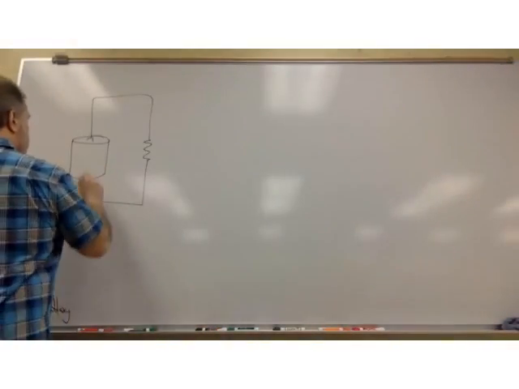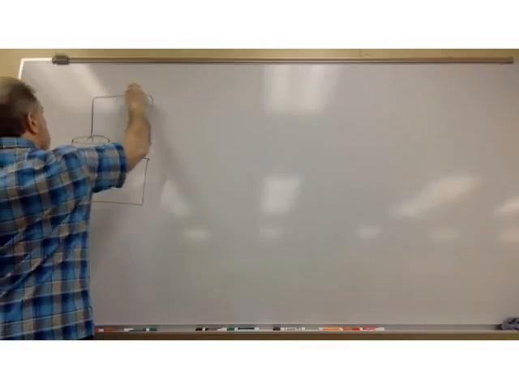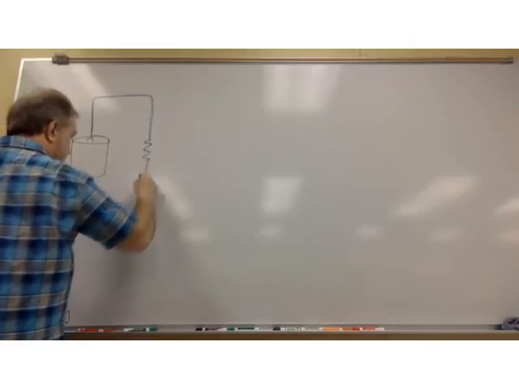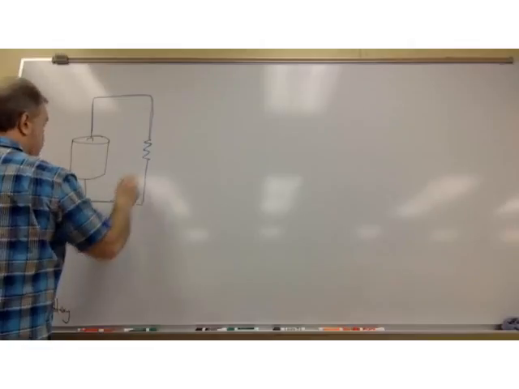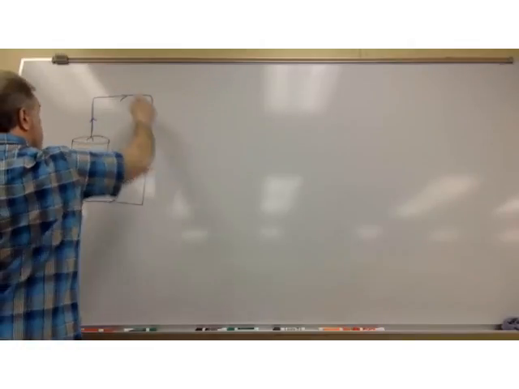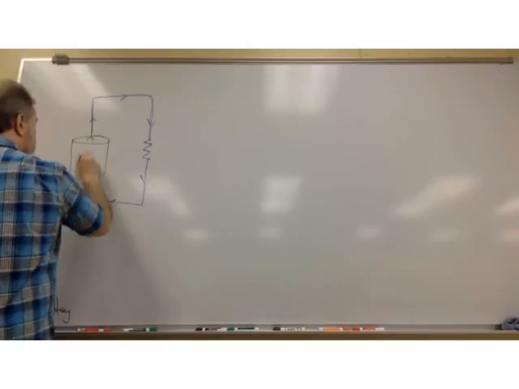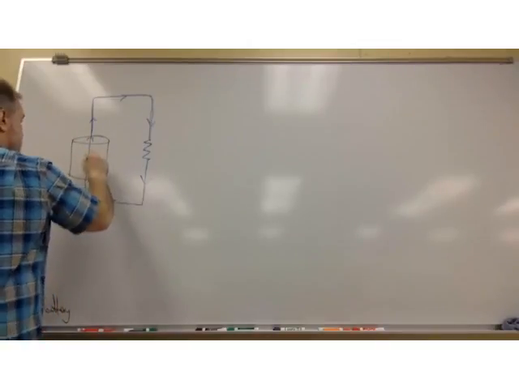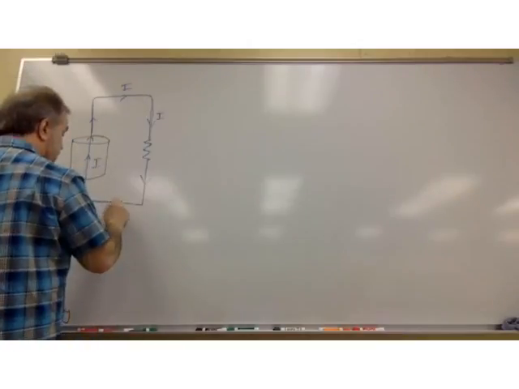So the charges start here, flow up, flow through the wire, flow down, flow through the light bulb, cause the light bulb to light. I still haven't told you how. That's coming though. And they flow, but the circuit completes because the charges flow through the battery, like so. So it's the same current all the way around. I haven't justified that yet either, but I will.